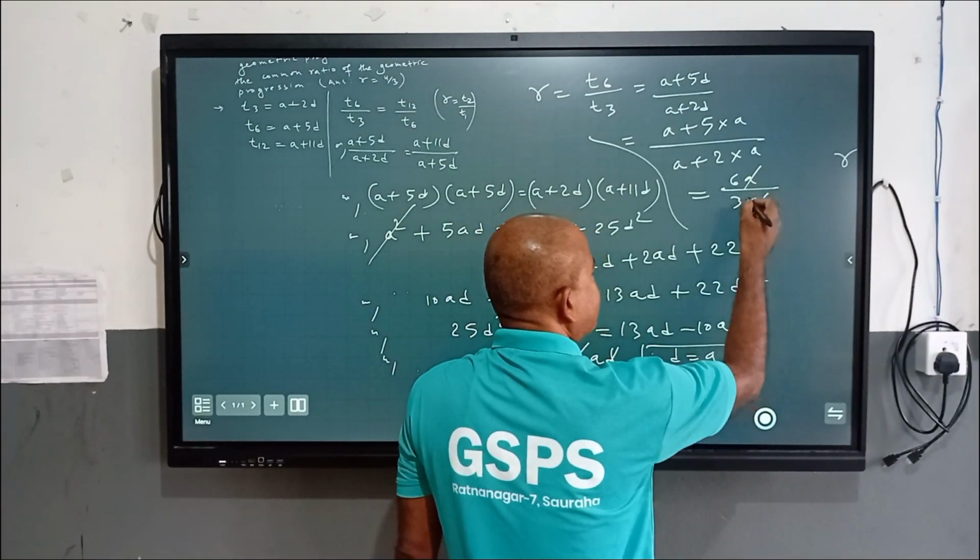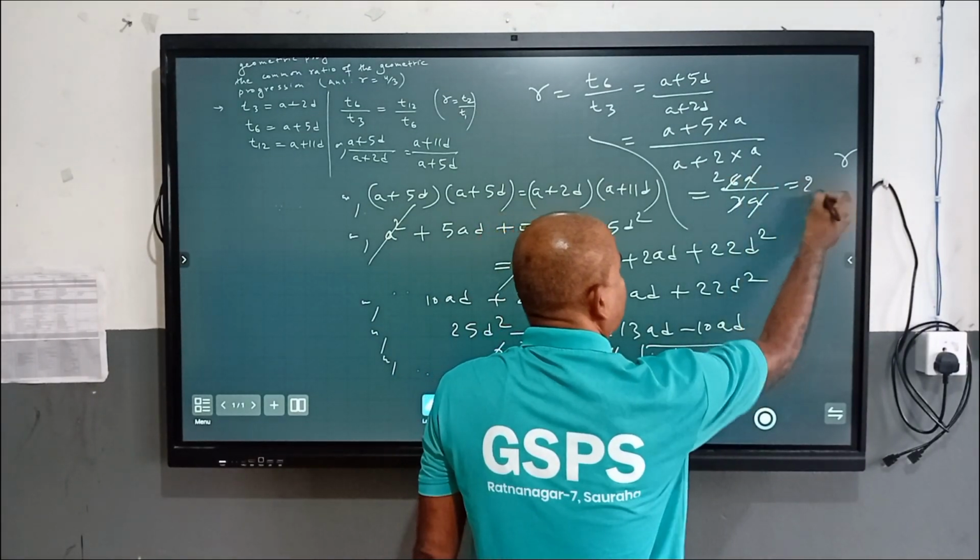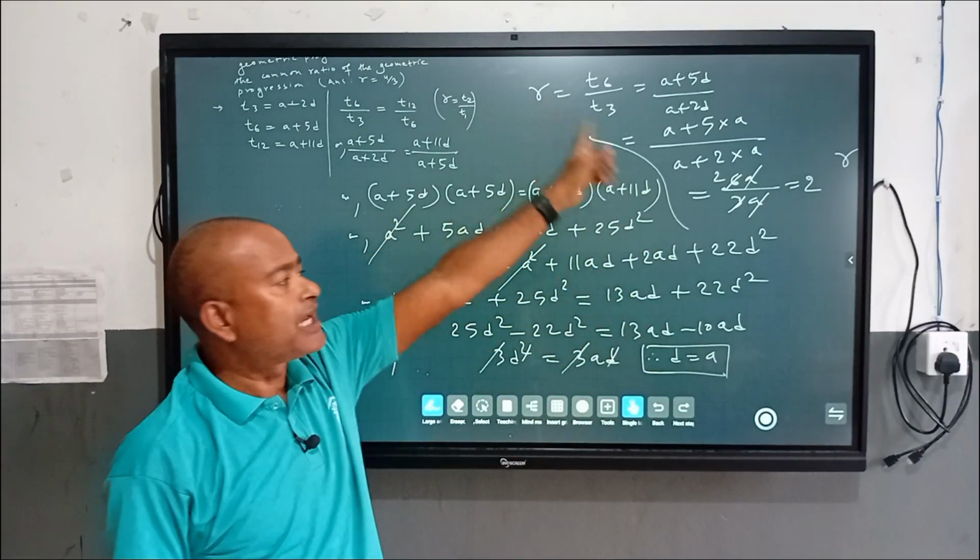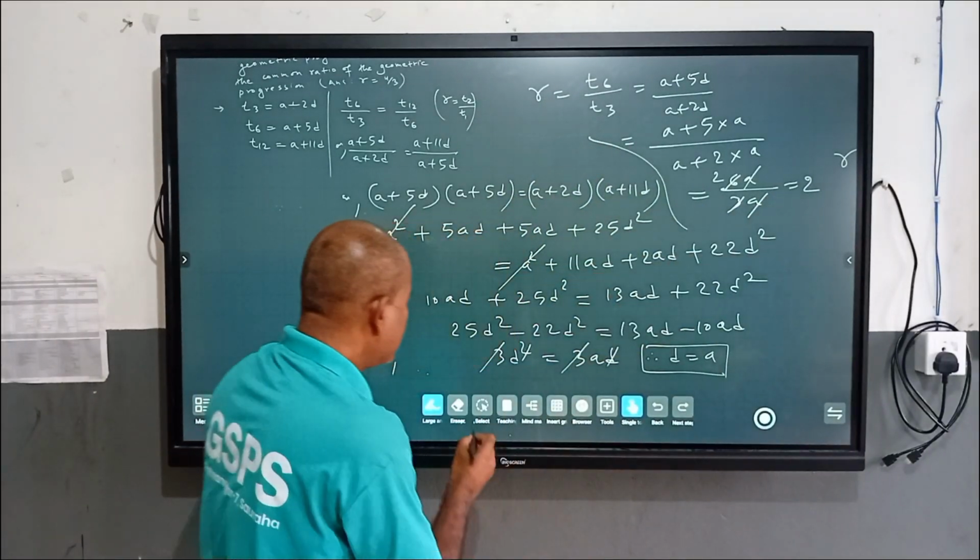So by cancelling this, we get the value of common ratio, that means R equals to 2.